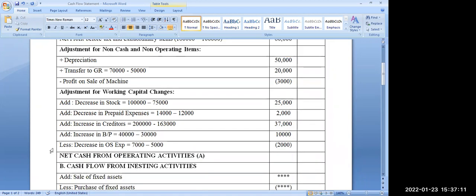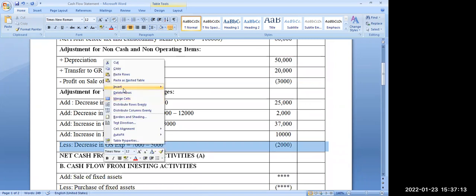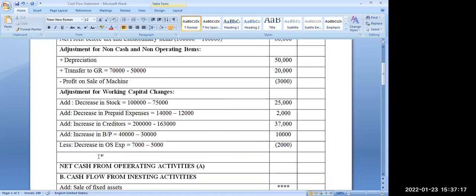Yes, all the items are taken. First you confirm, then you check the total of this. So 1,99,000. Is there any item missing? Check it up.